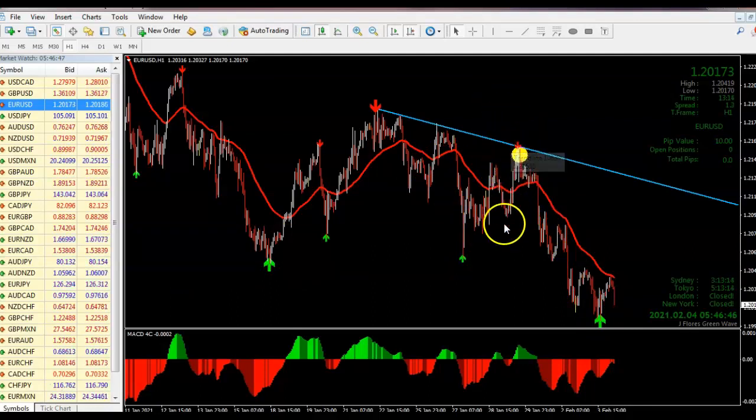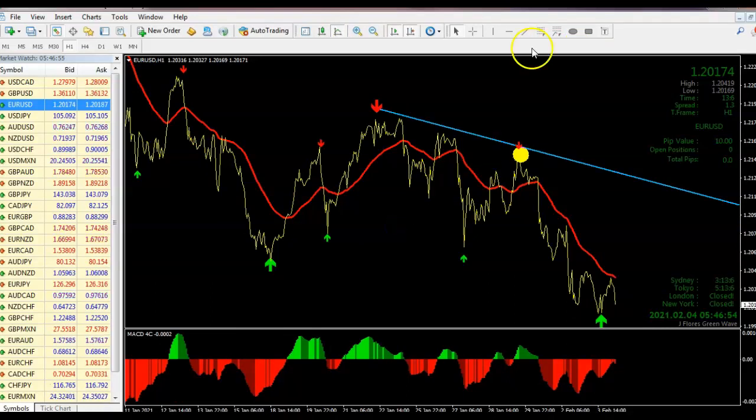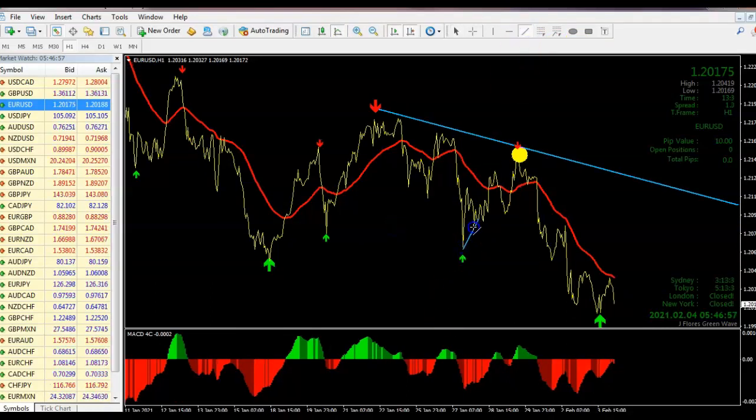So what I did in the 1 hour, I put myself a yellow line like that, put a trend line just like that, and I sold right here. I was able to catch it all the way to this low, and I closed my trade right there. It went lower.